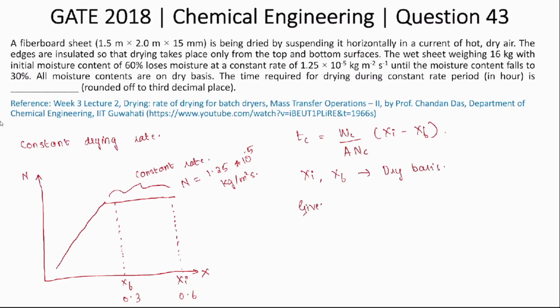That means they have given that initially this 0.6, 60% moisture on the wet solid, is on a dry basis.